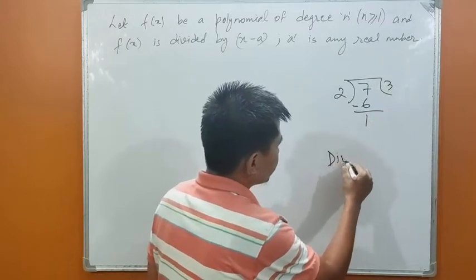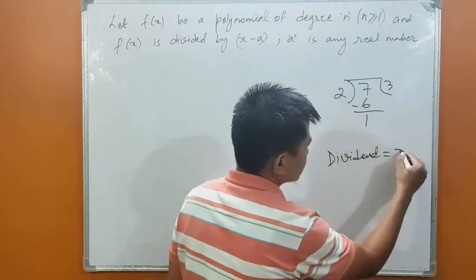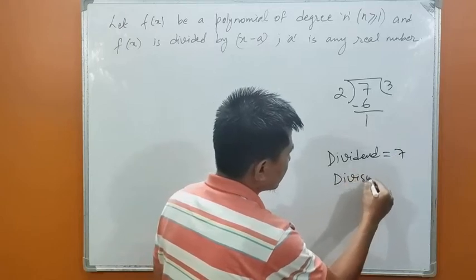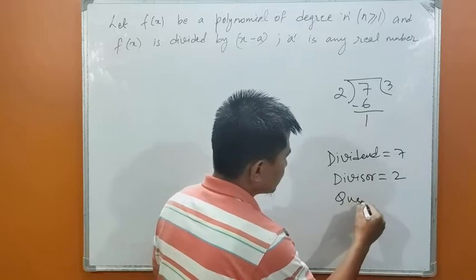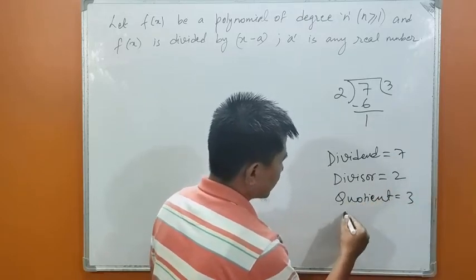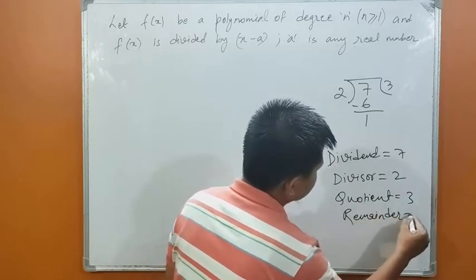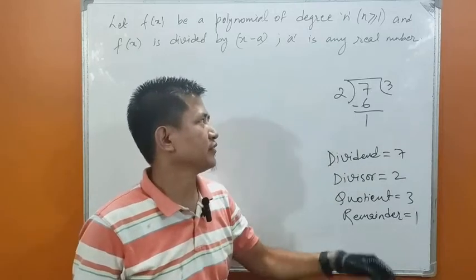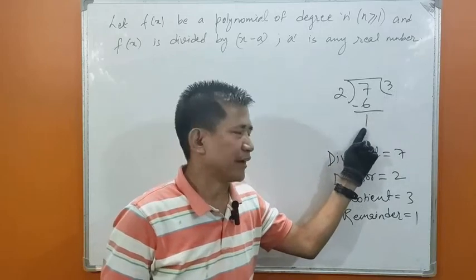Where dividend is 7, divisor is 2, quotient is 3, and remainder is 1. Got it?